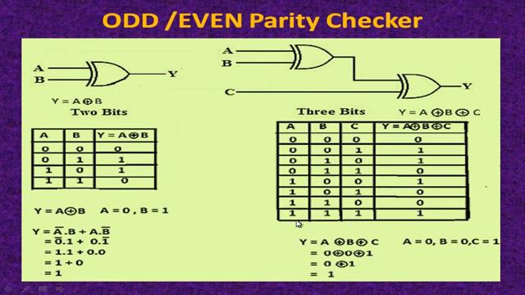This is the concept using 3-bit inputs, that is an odd even parity checker. In the exam, a question may be asked for 5-bit input, so you can explain with the help of this basic idea. Is that clear, students? So remember this concept. A question may be asked in a board exam.